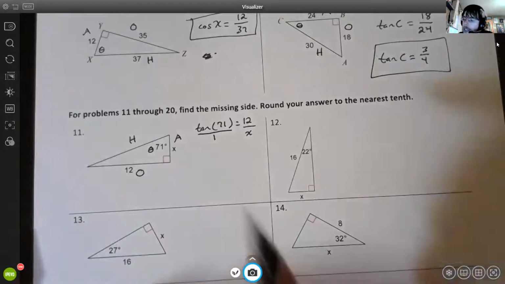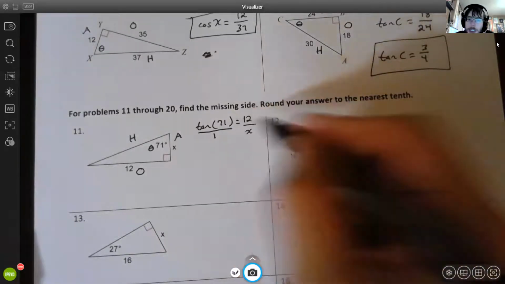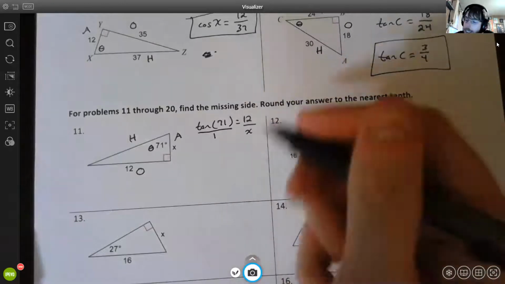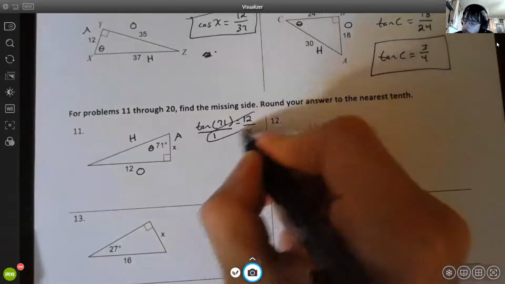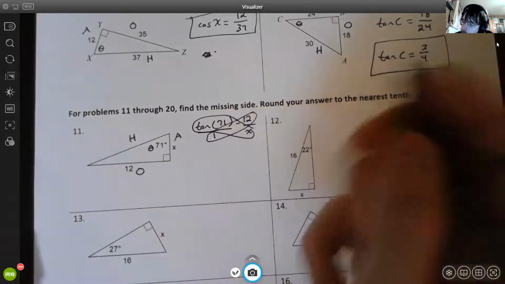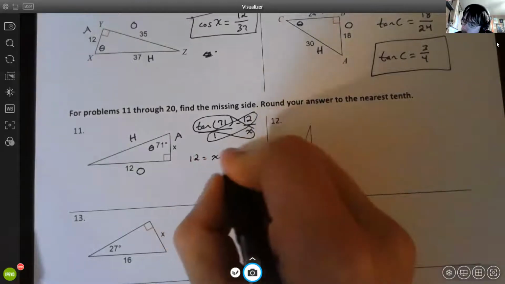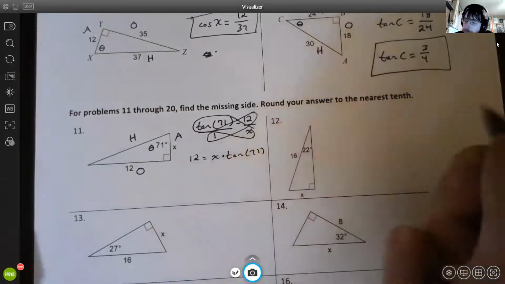So now we take our two fractions here, and we're going to cross multiply. So we multiply the 12 and the 1 together, and the x and tangent of 71. And so we get 12 equals x times tangent of 71.